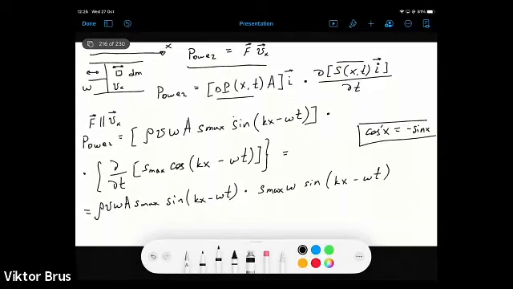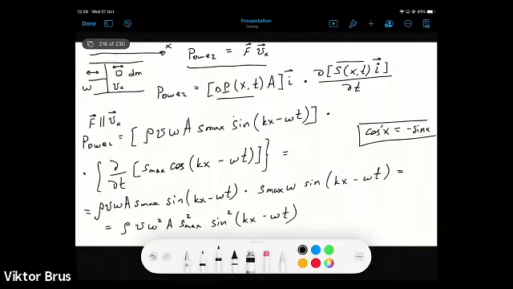Okay, so now when we multiply these together, we get the following picture. It will be rho times v times omega squared times A times s maximum squared times sine squared of kx minus omega t.